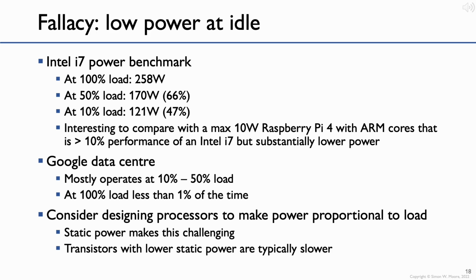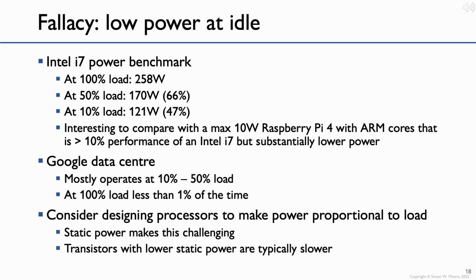And I'm not going to get into the semiconductor details of why that's the case, but it is, I'm afraid, the case that you can make various choices, and in fact you can even choose 2 or 3 different sorts of transistor when you're laying out a chip, so that you can have some slower transistors that have a lower static power, and a few higher performance transistors that have higher static power, to try and make that trade-off at design time.